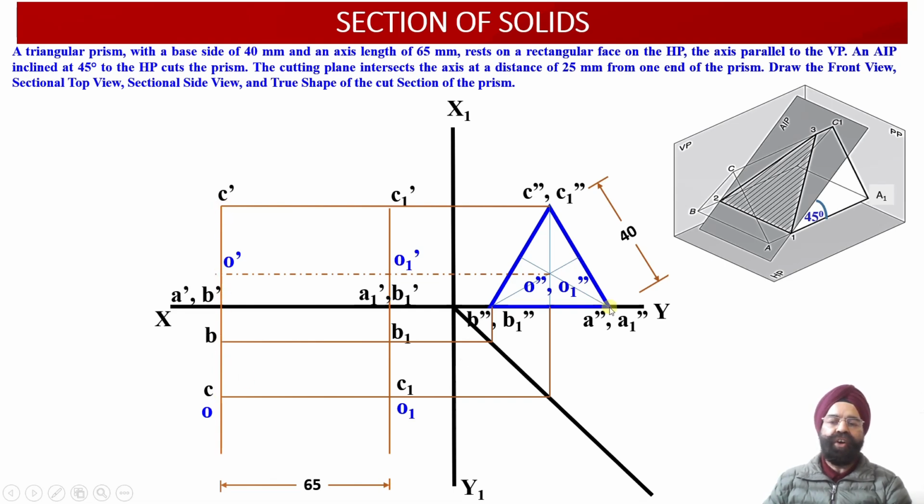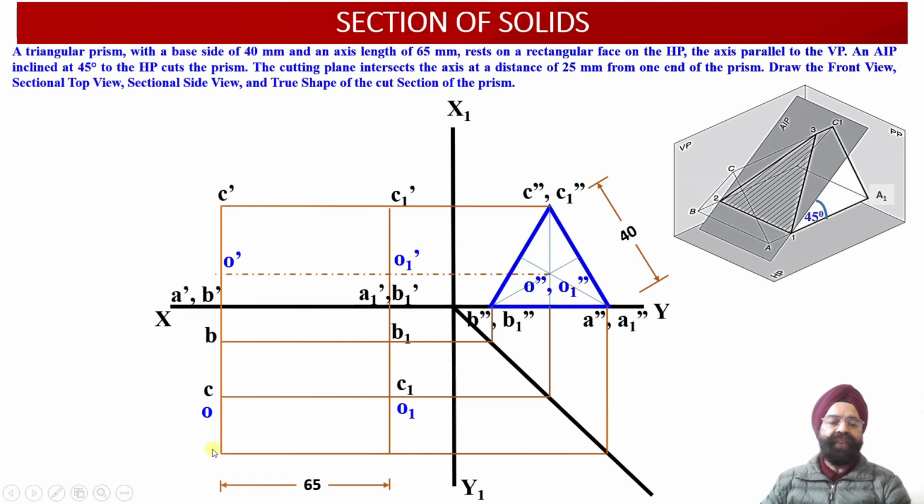And finally we have got the point A double dash and A1 double dash. From these 2 points we have drawn a vertical projector line, and now we have extended this onto the transfer line, and then through the transfer line we have managed to transfer these points into the top view projection.